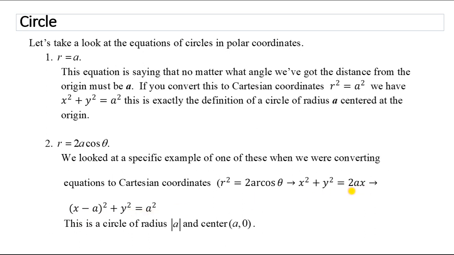Move this to the left and complete the square. The result is x minus a, squared, plus y squared equals a squared. This is the equation of a circle with center a, 0 and radius the absolute value of a.